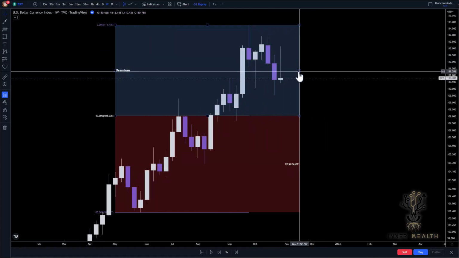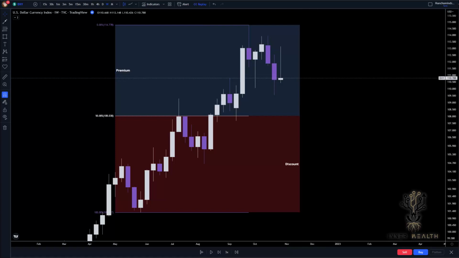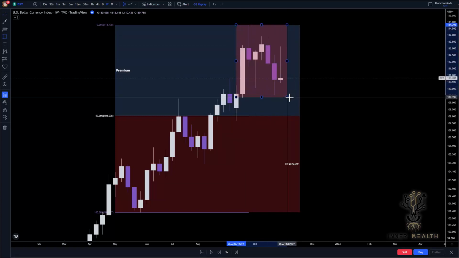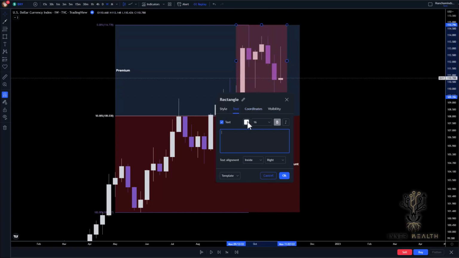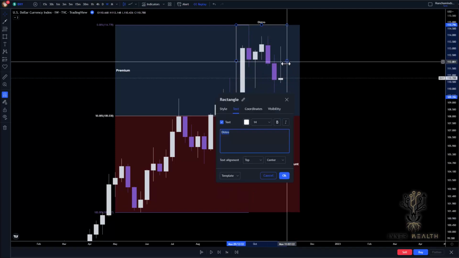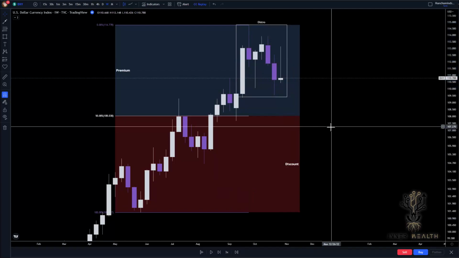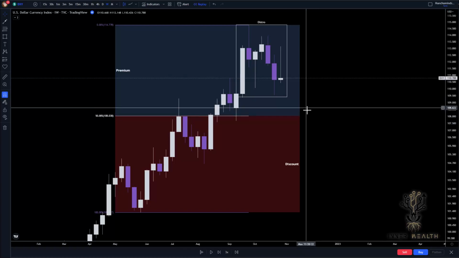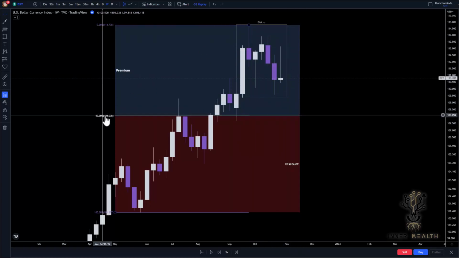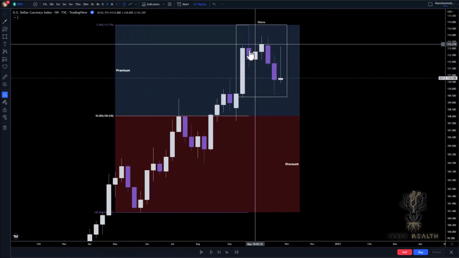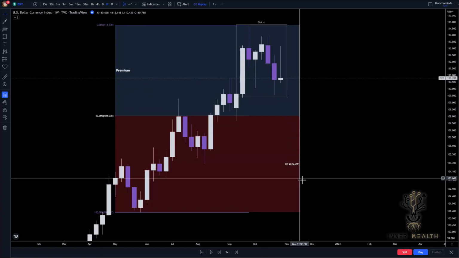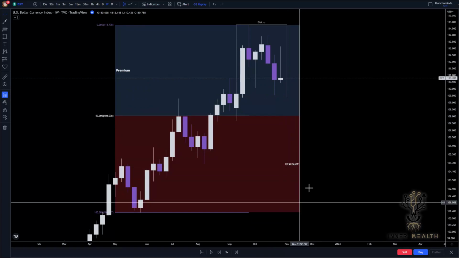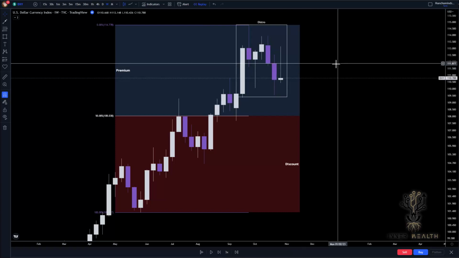In essence, what you would like to see is this distro right there, which indicates that price action wants to move back into discount. Distribution above the highs indicates that premium price action is ready to get back down into discount. So we're going to follow price action until it gets to that area.